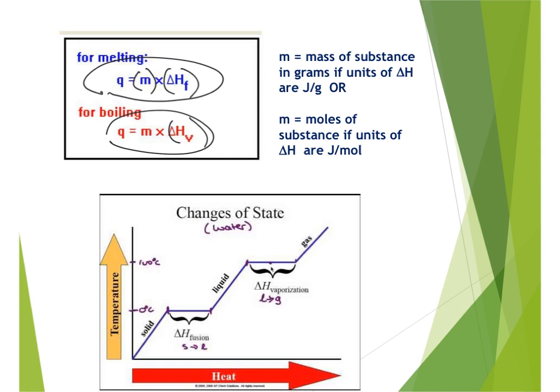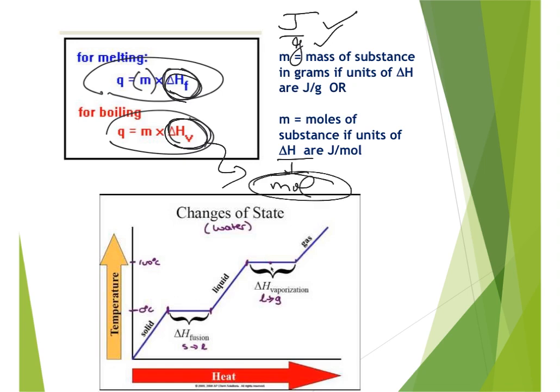However, just to give you a heads up, sometimes the heat or enthalpy of fusion and vaporization, instead of being given in units of joules per gram, which is energy per gram of substance required, every now and then the heat or enthalpy of a phase change is given instead in units of joules per mole. So how much energy is required per mole of the substance, not gram.